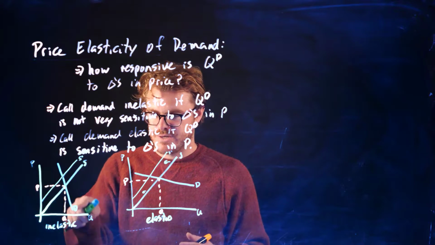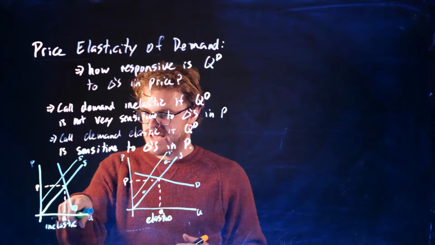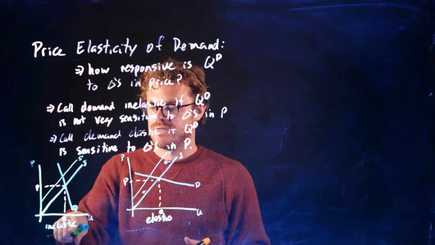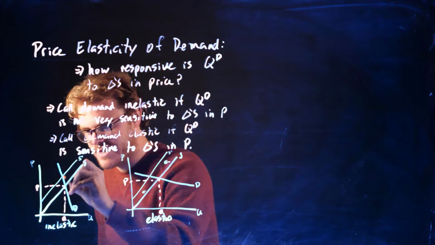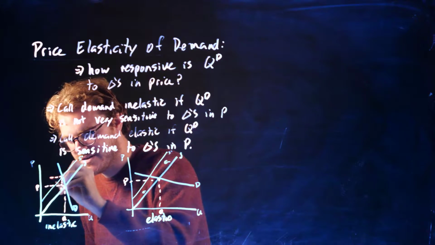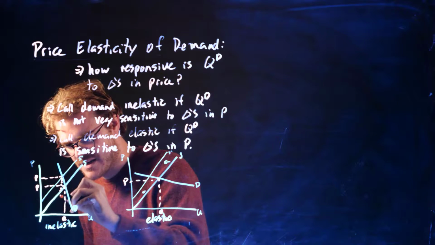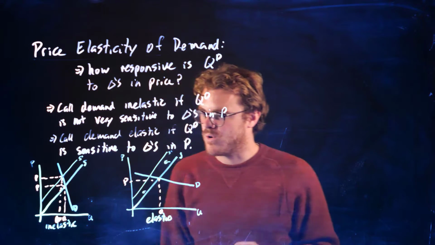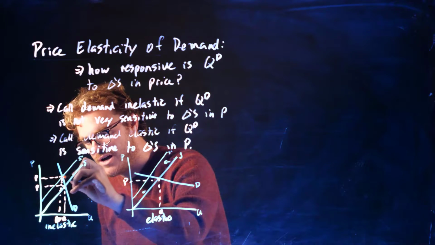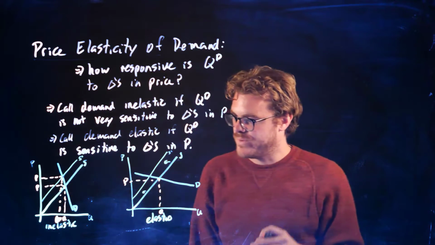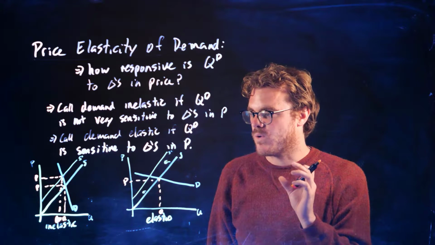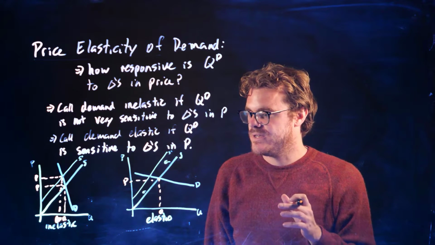All right. So in this situation where demand is relatively inelastic, it's not very sensitive to price. So the price went up. So here's the new price. Well, quantity did not change that much in this market. Quantity demanded, this movement along this demand curve, we didn't change our quantity demanded or our quantity too much, right?